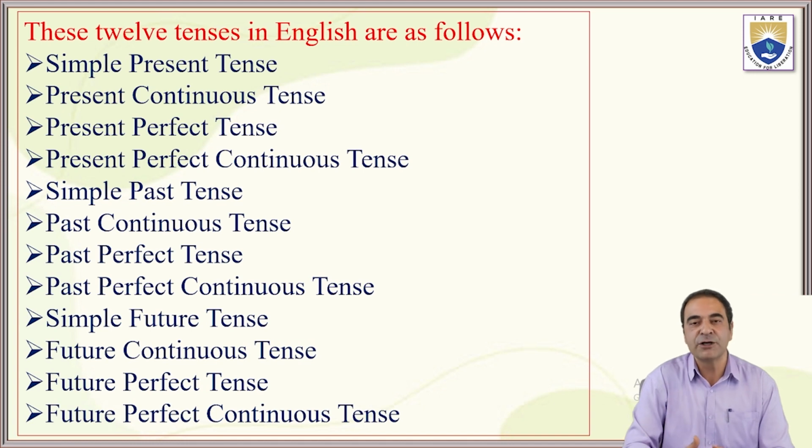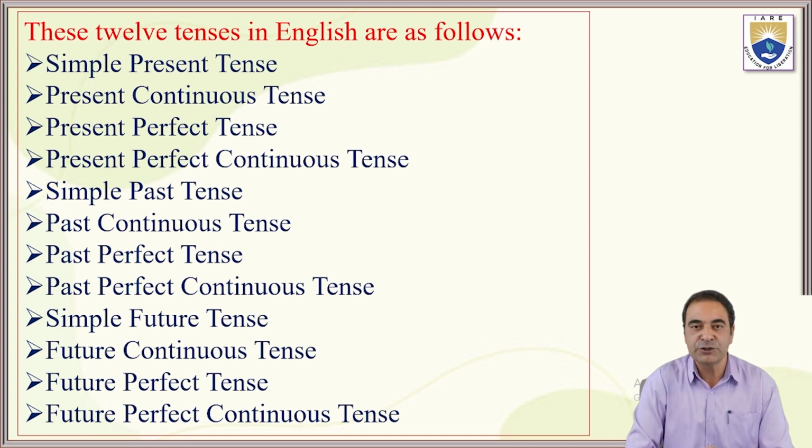In a similar fashion, we divide past tense into four further tenses. What are these four further tenses? The first one is simple past, or you can say past simple or past indefinite. And the second one is past continuous. Third one is past perfect. Then we have the last one, that is past perfect continuous tense.